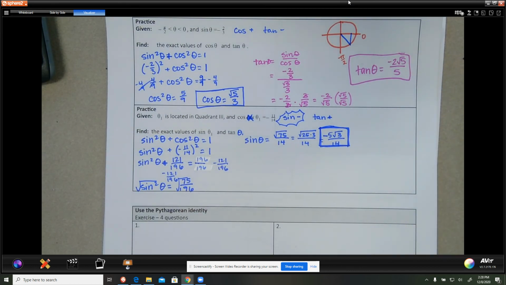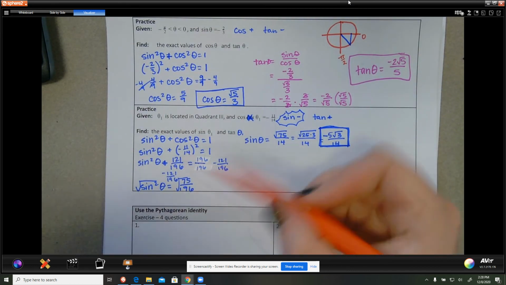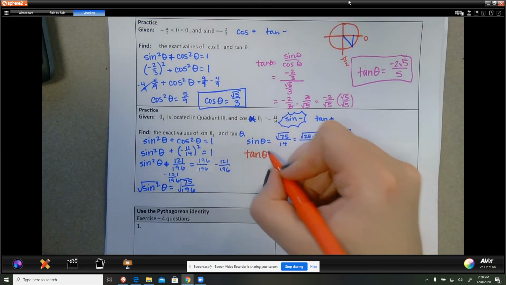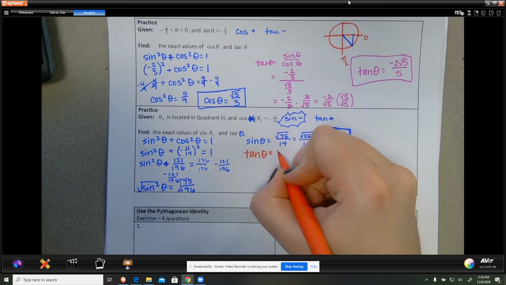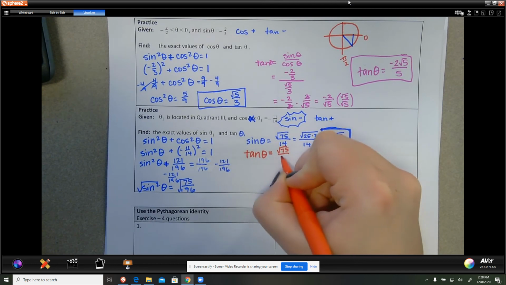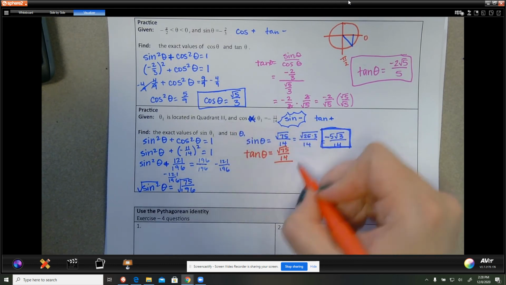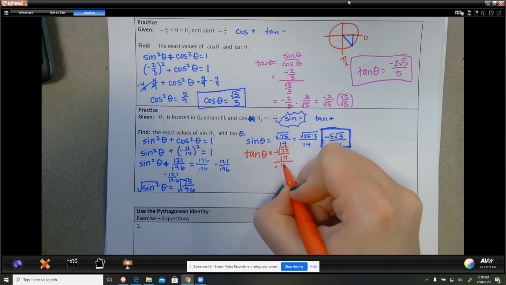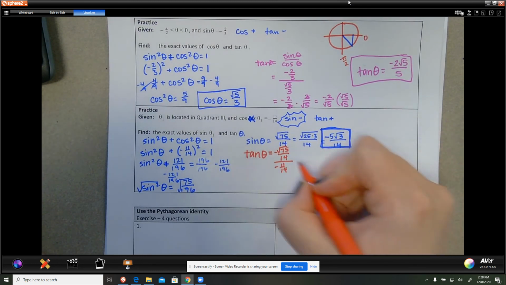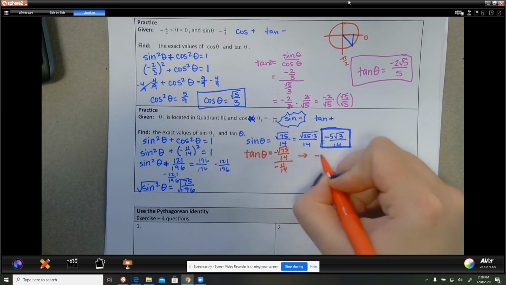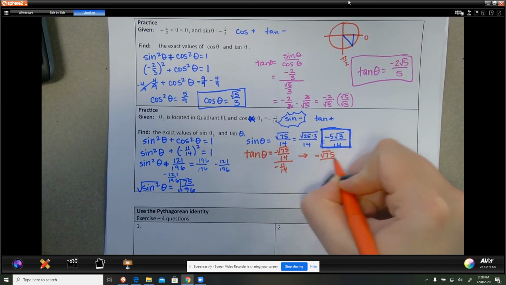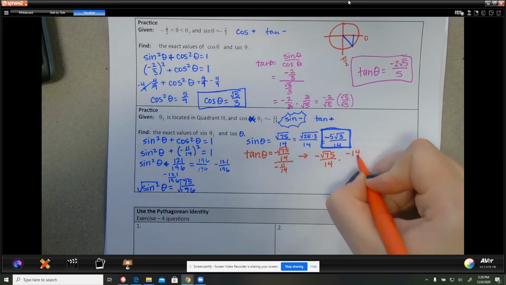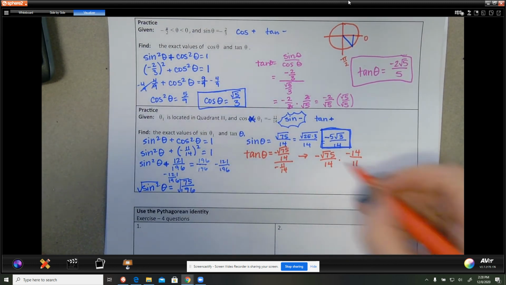And then I can find tangent. Tangent of theta says take this sine value, I'm going to take this one right here, negative root 75 over 14, divided by my cosine, which is, oh, sorry, that should be negative, and should be negative 11 over 14. So this becomes negative root 75 over 14 times negative 14 over 11.